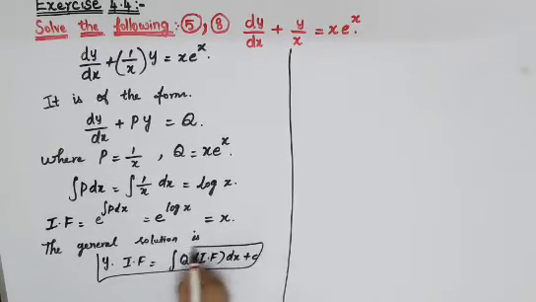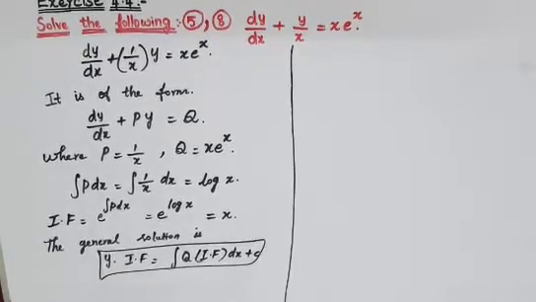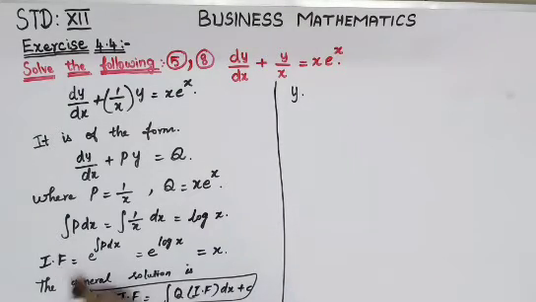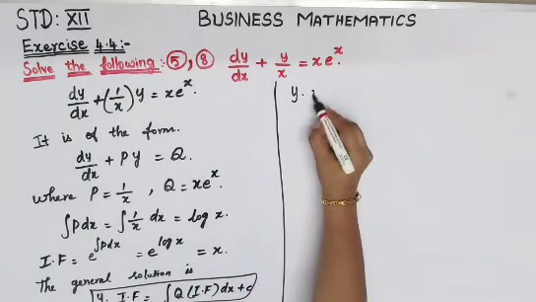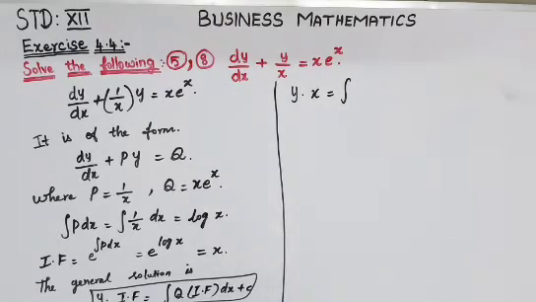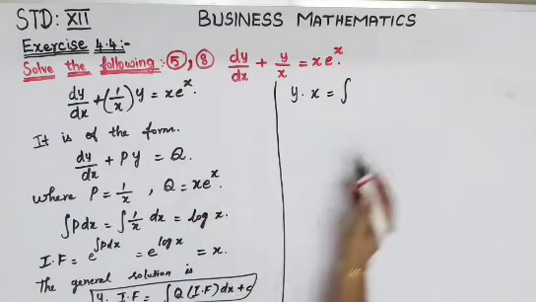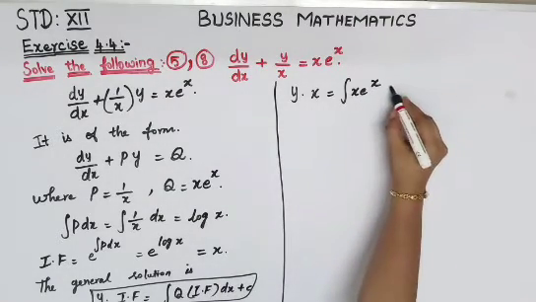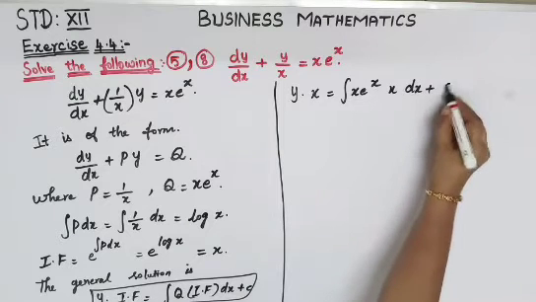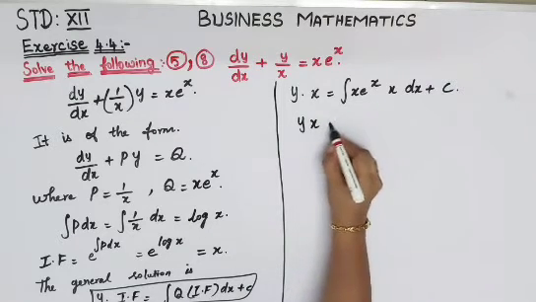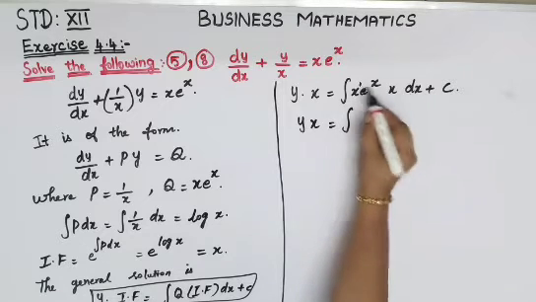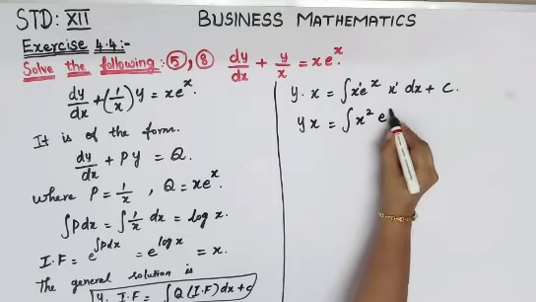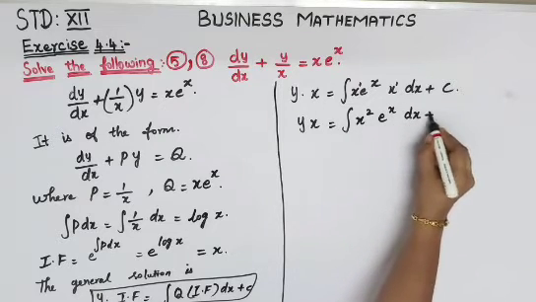You will have to substitute the IF that we have got before. So y into IF is x, that is equal to integral of q, which is x e power x, into IF, which is again x, dx plus c. So the next line is yx is equal to integral of x power 1 times x power 1, so when you are adding, it becomes x square e power x dx plus c.